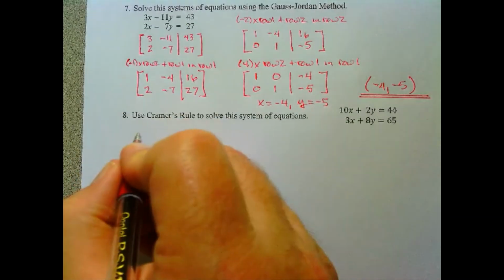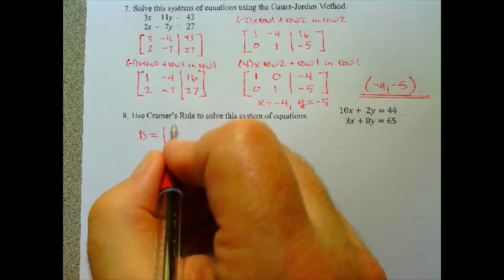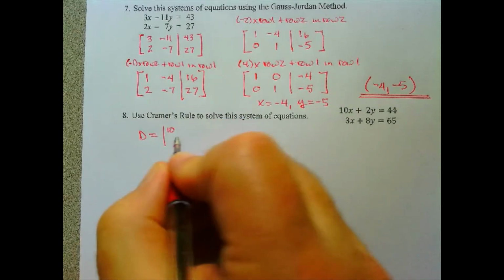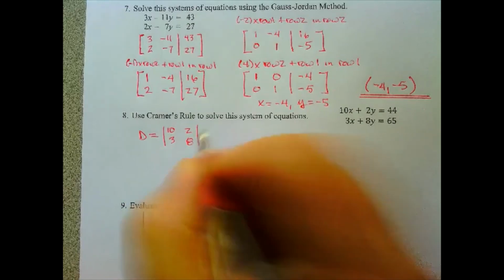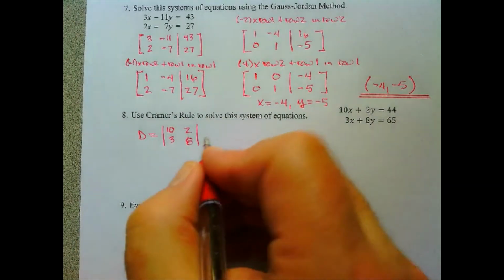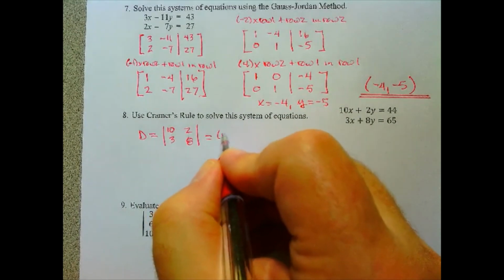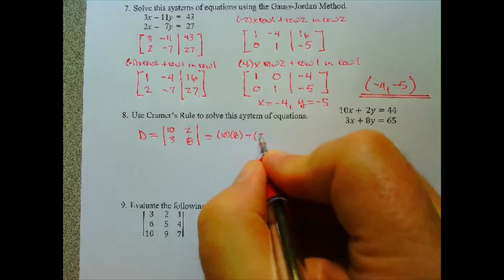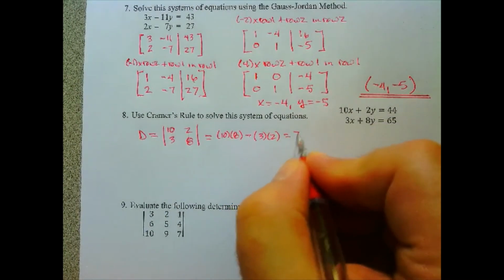So let's first find D. D is going to be a 2 by 2, which is 10, 3, 2, 8. So again, here are the x's, 10 and 3. Here are the y's, 2 and 8. This will equal, it's this times that, so it's 10 times 8, subtract 3 times the 2, it's 80, subtract 6, so that's 74.